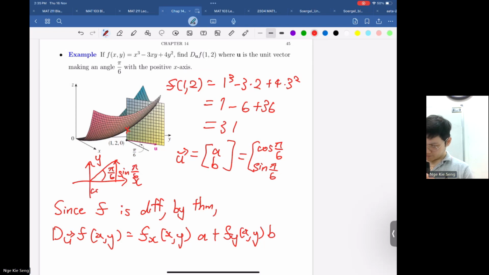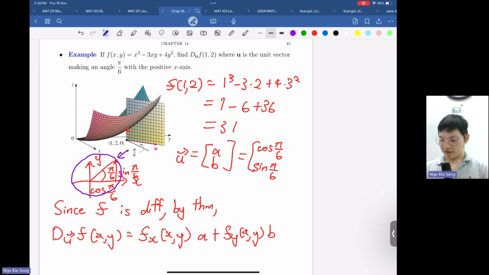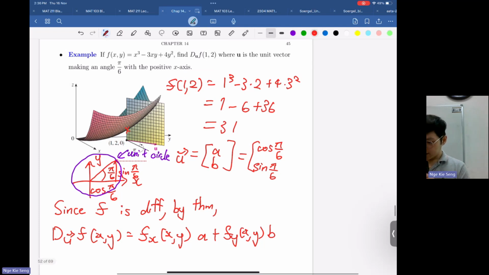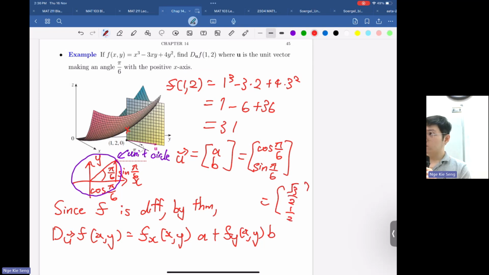Sine squared pi over 6 plus cosine squared pi over 6 is 1, right? So you need a unit vector on the unit circle, something like from complex numbers, just that we don't care about the i. So what are a and b in this case? Square root 3 over 2 and 1 over 2.